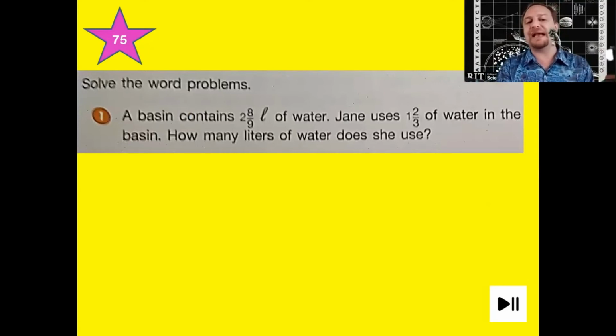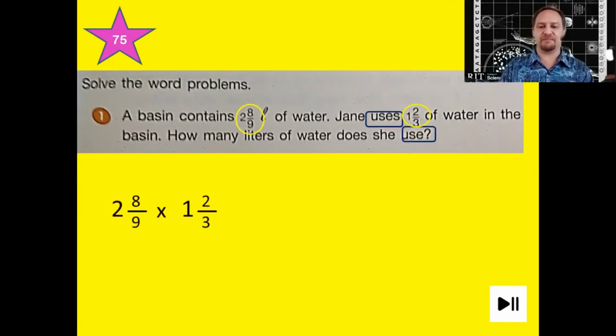It says a basin, which is another word for a sink, contains 2 and 8/9 liters of water. Jane uses 1 and 2/3 of water in the basin. How many liters of water does she use? Okay, so look, we need to find out the key word, which is uses, all right? And I think we're just going to multiply these two numbers to get the answer.